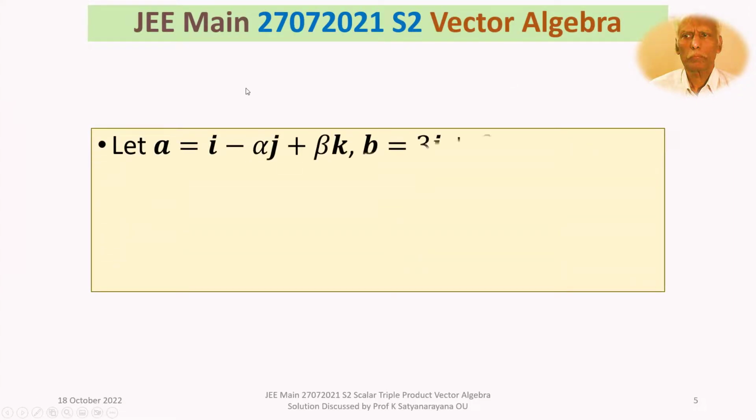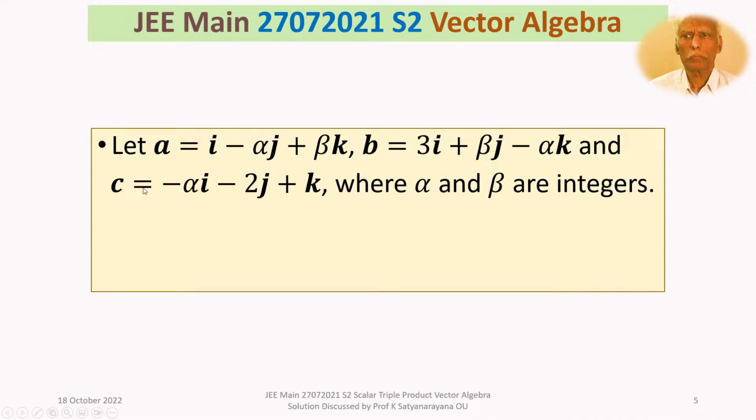The problem is: let the vector A equal i minus alpha j plus beta k, the vector B equal 3i plus beta j minus alpha k, and vector C equal minus alpha i minus 2j plus k, where alpha and beta are integers.